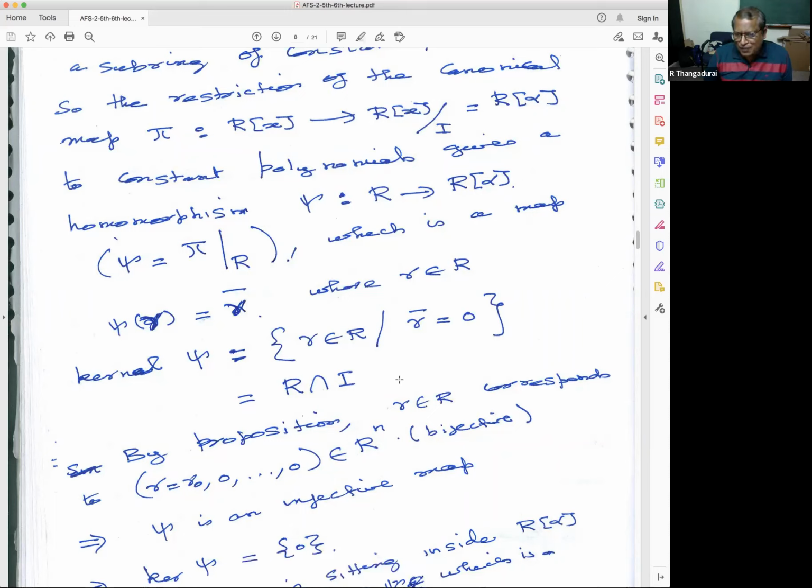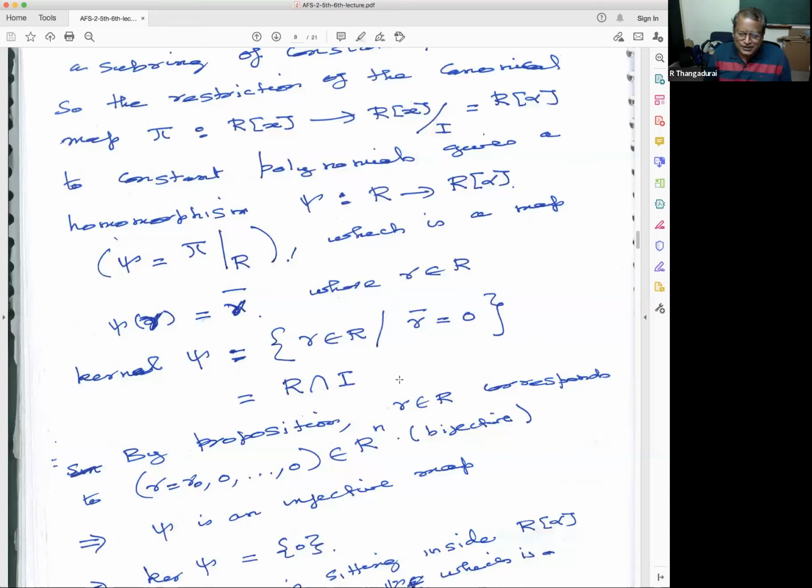Because if the coefficient R belongs to the ideal, where the ideal is generated by f of x of degree n bigger than or equal to 1, then the coefficient ring element is a product of two polynomials, f of x times g of x for some g of x.